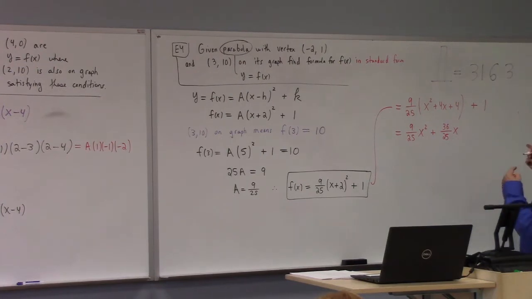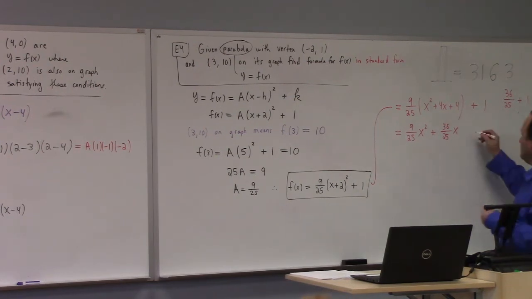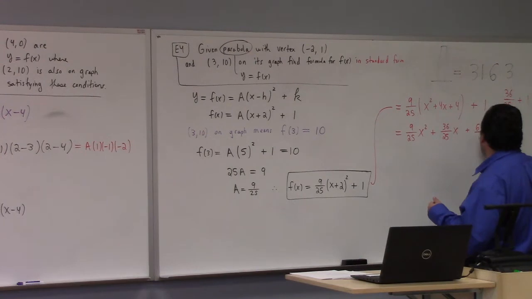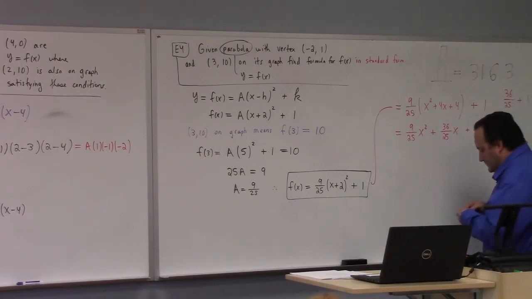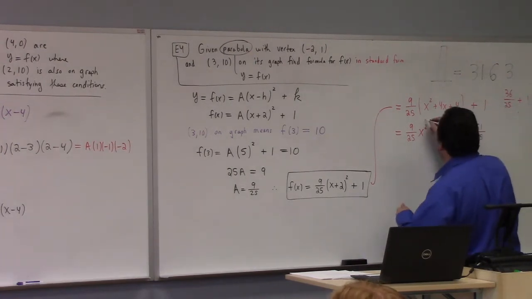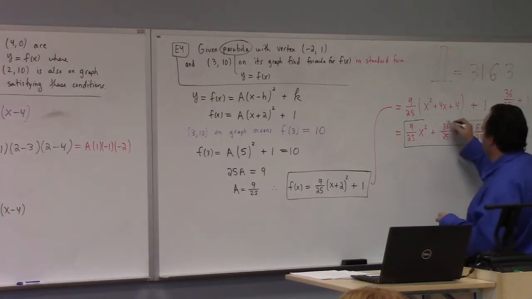And then I need to add, what's 36/25 plus 1? What's 36 plus 25? It's 61, so 61/25. And so there you go. That would be the answer in standard form.